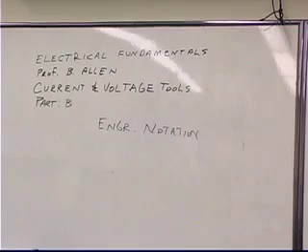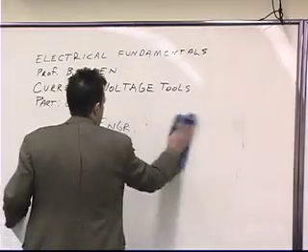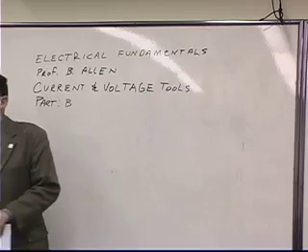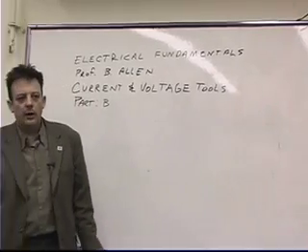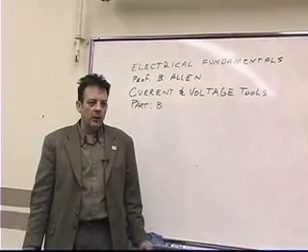There's something that you're going to read in the book, and this is something that you're not really going to use in the field a lot, but it is something that I'm required to go over with you. You will find it in my notes.